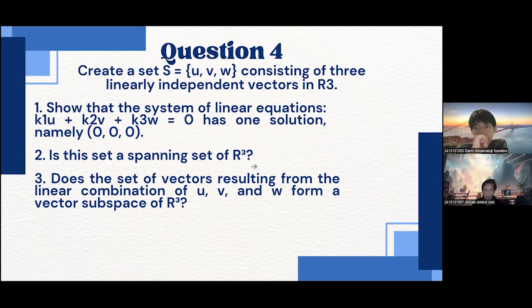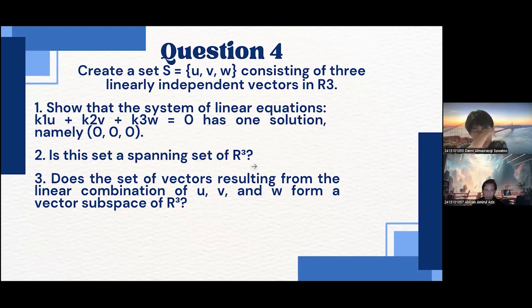For number 4, we have the question: create a set S equals {U, V, W} consisting of three linearly independent vectors in R3.